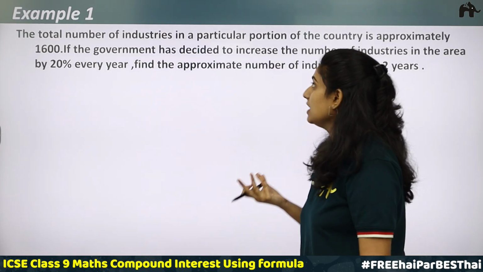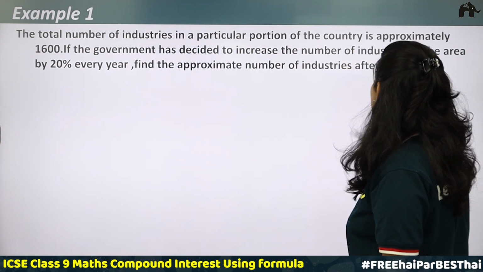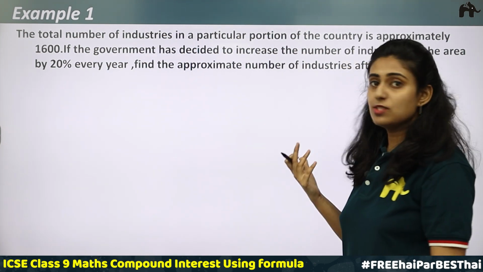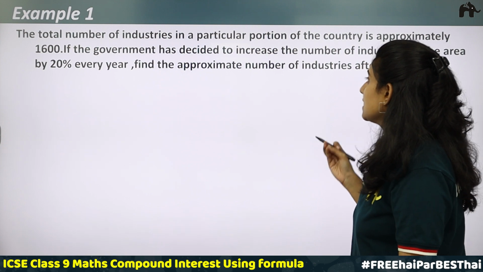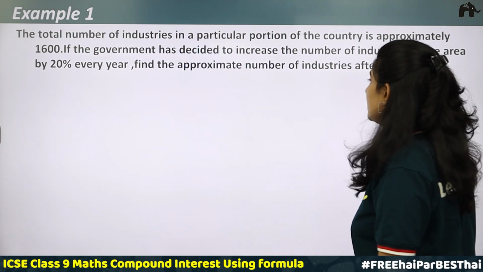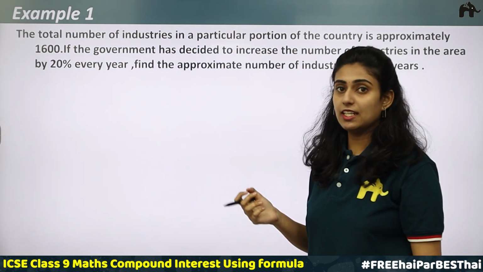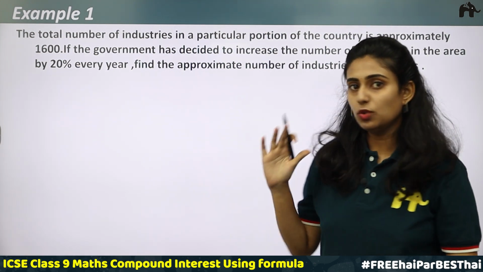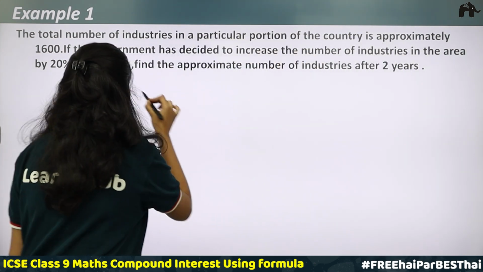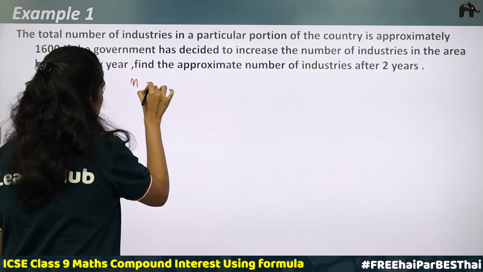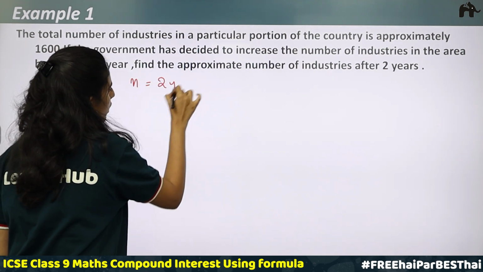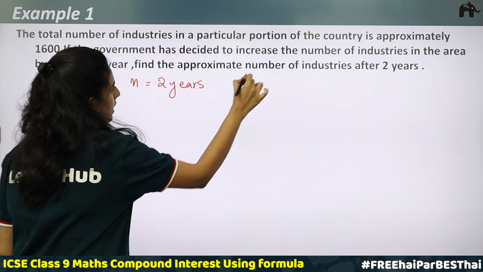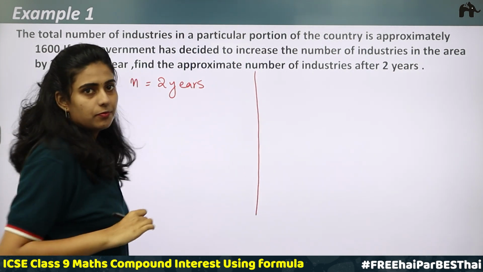The total number of industries in a particular portion of the country is approximately 1600. If the government has decided to increase the number of industries in the area by 20% every year, find the approximate number of industries after 2 years. Here, what is the number of years? We have to find the number of industries after 2 years. Therefore, n is equal to 2 years. Okay.